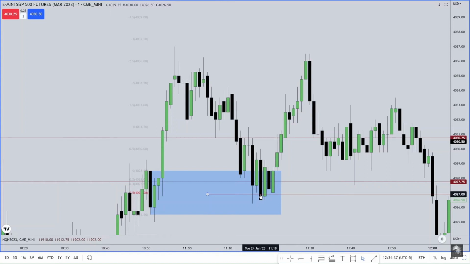Hoping that I can get the little wick through the midpoint, trusting that it isn't going to go the other side. See, you're thinking, how do you know, ICT? Didn't think I was going to know that, did you? How can you trust it, ICT? Experience, knowing that it's likely to do what I'm explaining here, and also being comfortable with being wrong. Because I can be wrong and be profitable.